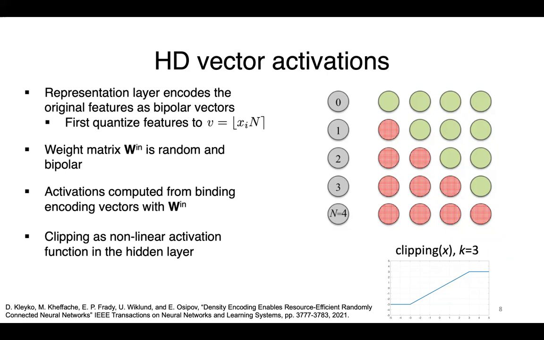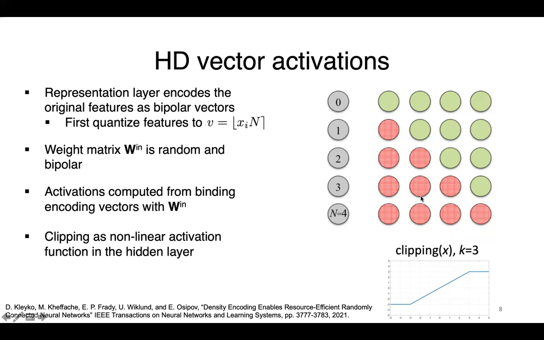Then the layer encodes the quantized feature values as bipolar vectors with v as the density of ones in each vector. And so you can better visualize the encodings in the diagram on the right, where each column is a distinct encoding vector, and the green nodes represent ones and the red nodes represent negative ones.